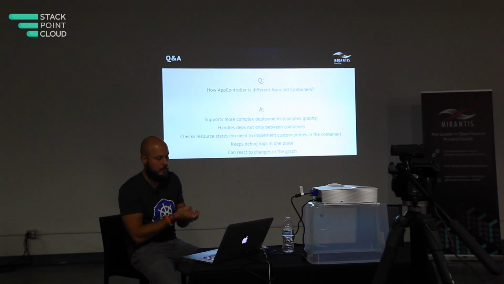The difference between init containers and AppController is that init containers don't really aim to support graph deployments. They just give you a little bit of preparatory steps before you provision your application container. So they don't aim to model complex dependencies.